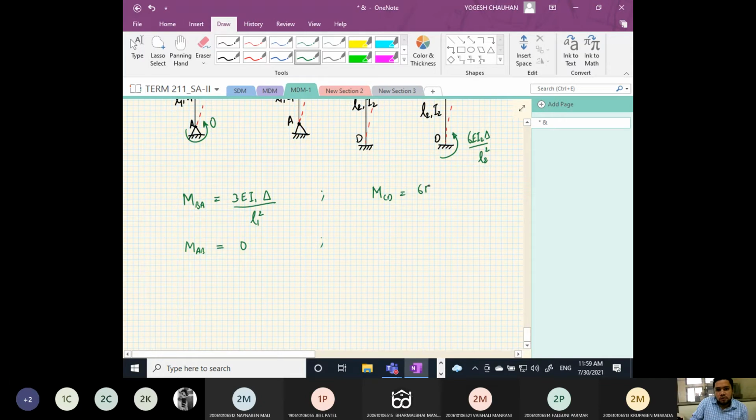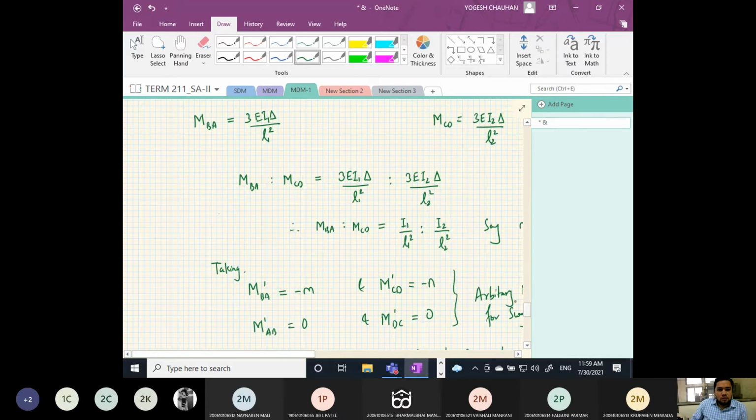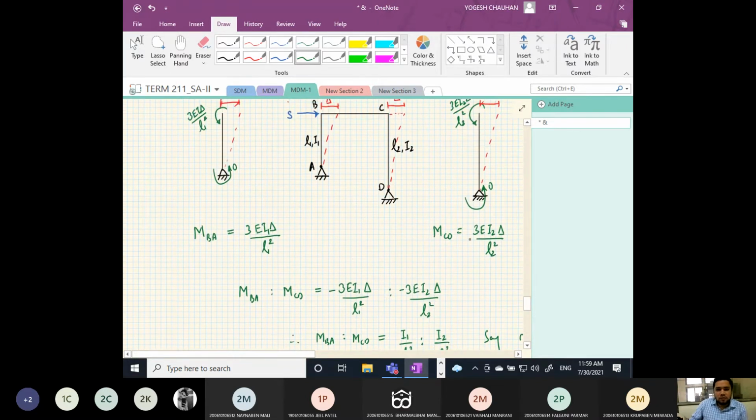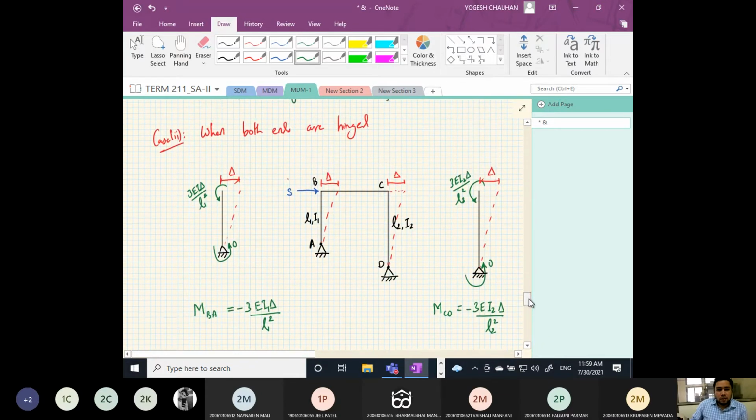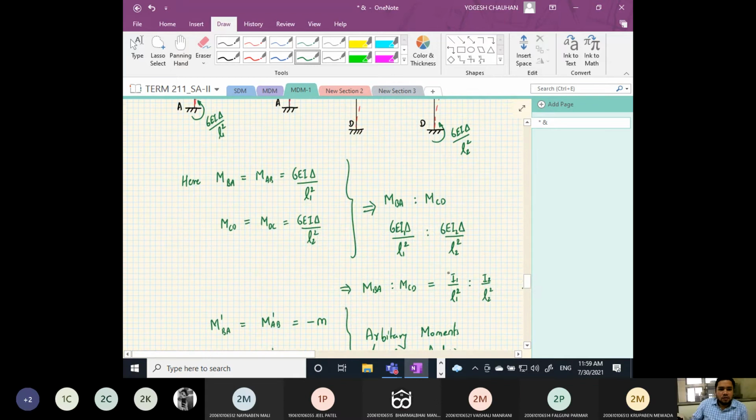MCD is equal to 6EI2 delta by L2 square, and MBC equals to 6EI2 delta by L2 square. Note that these are all negative, so you can put a negative sign here. These are all actually negative as per our sign convention, but we are interested in the ratio, so it will not affect much.